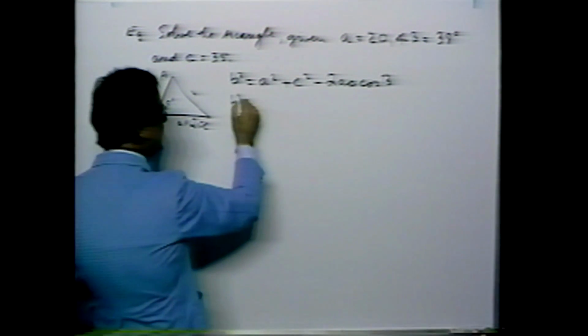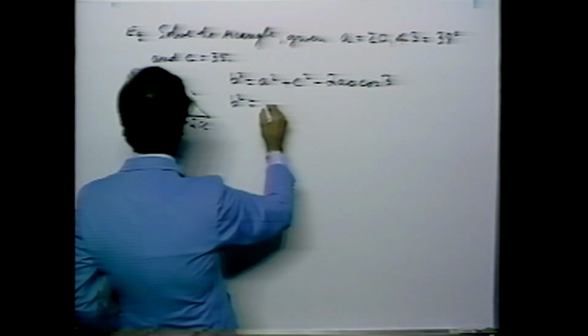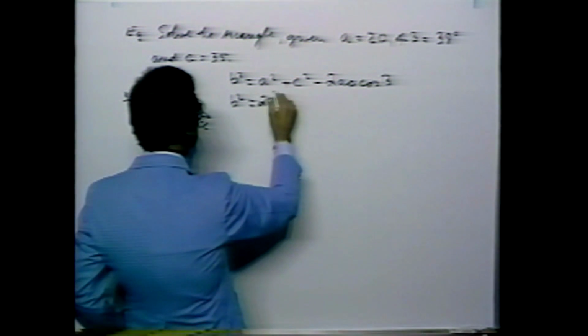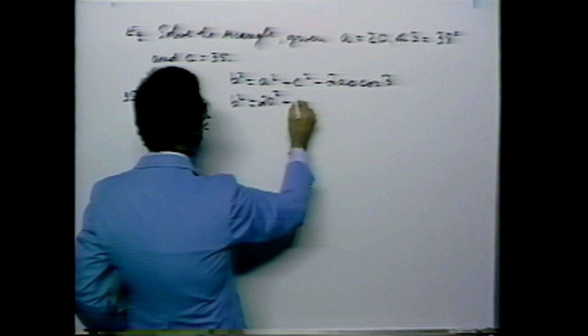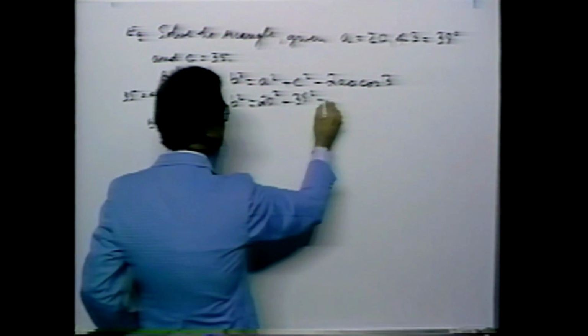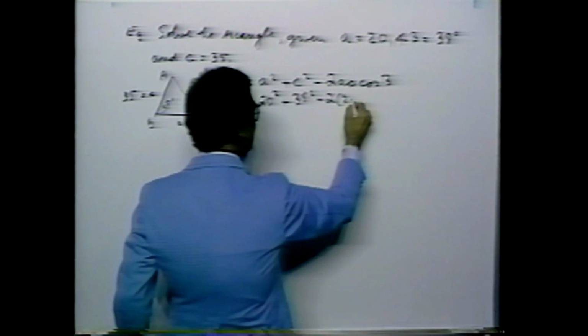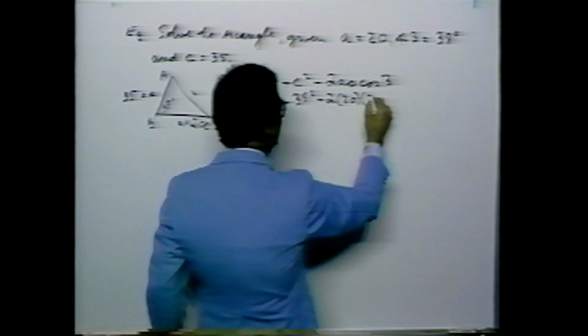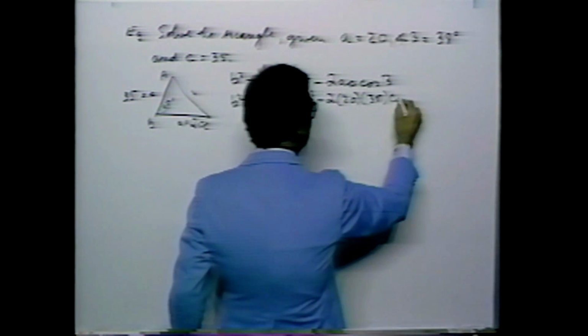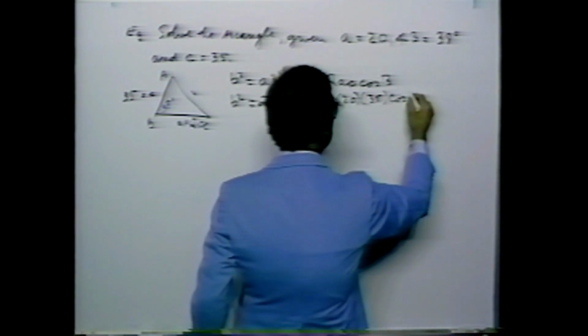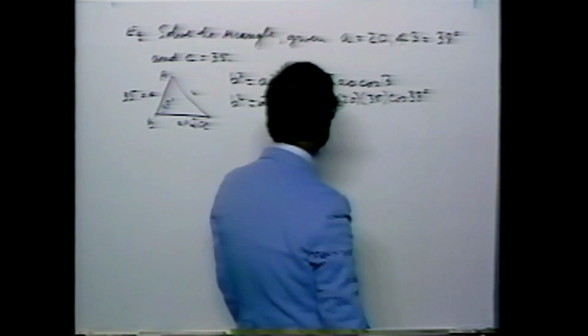Substituting, b squared is equal to 20 squared plus 35 squared minus 2 multiplied by 20 multiplied by 35 and multiplied by the cos of B, which is 38 degrees.